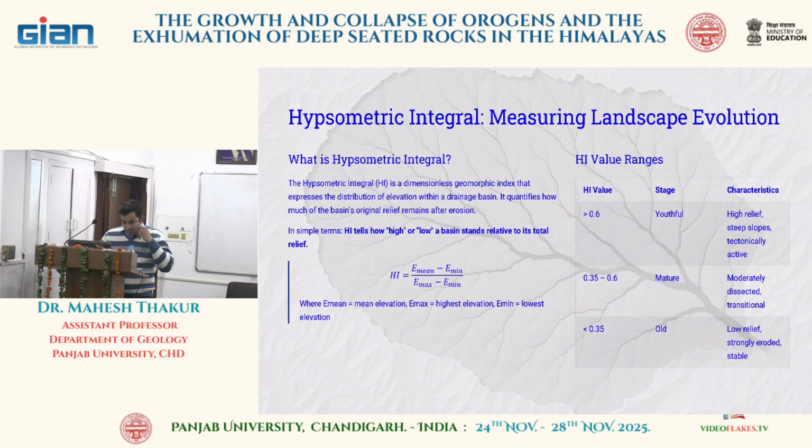E mean means mean elevation, and E max, you need to find the highest elevation contour, and then E minimum is the lowest elevation.